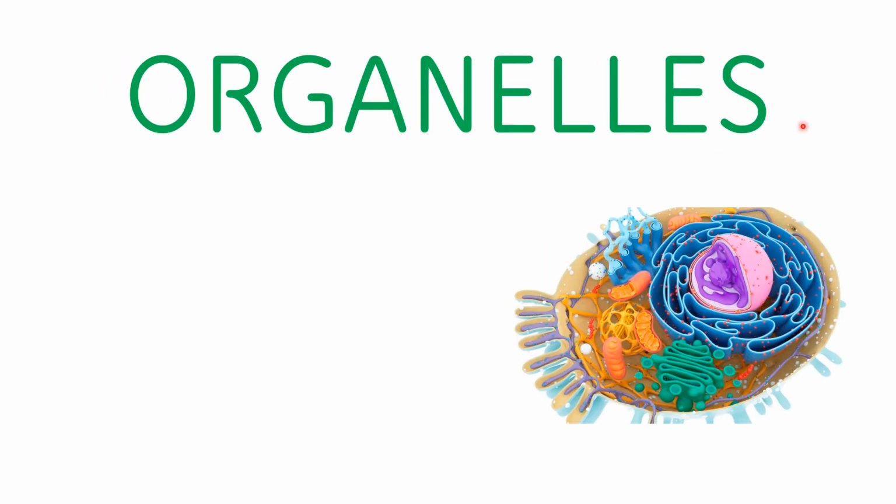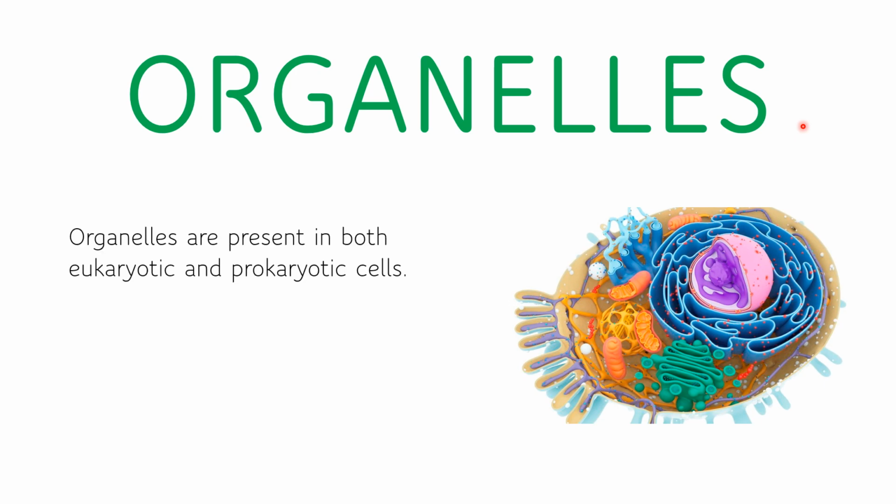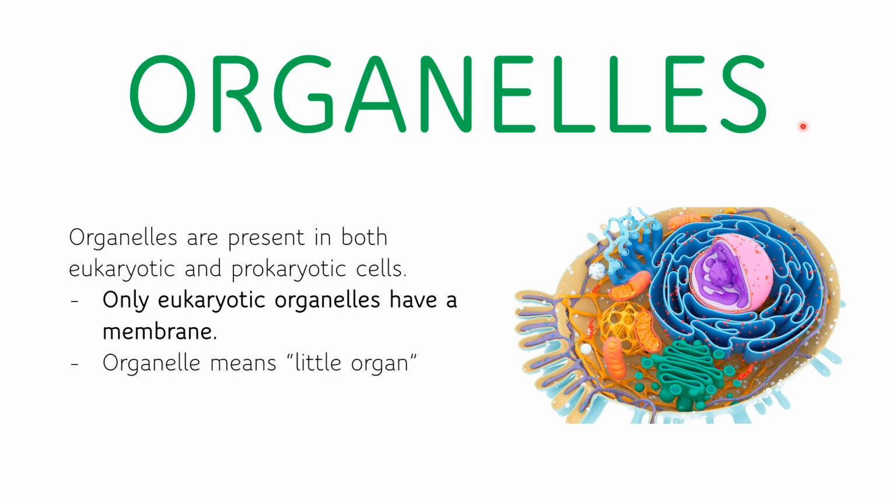We get on to the main part, organelles. They are present in both eukaryotic and prokaryotic cells. However, only eukaryotic organelles have a membrane. Organelle means little organ, and each has its own function, which you need to know.